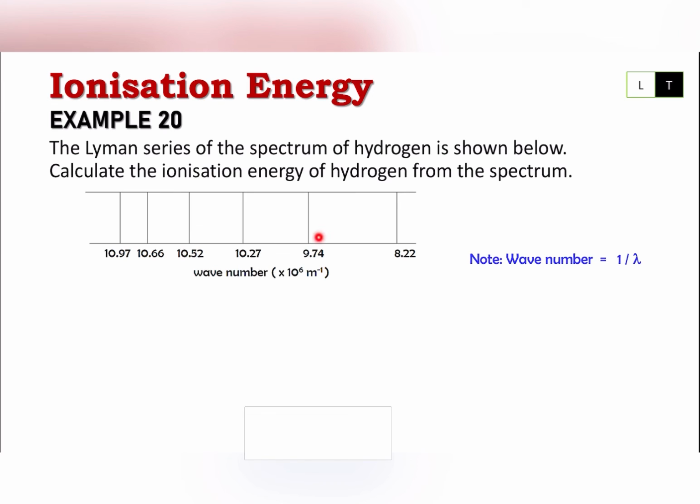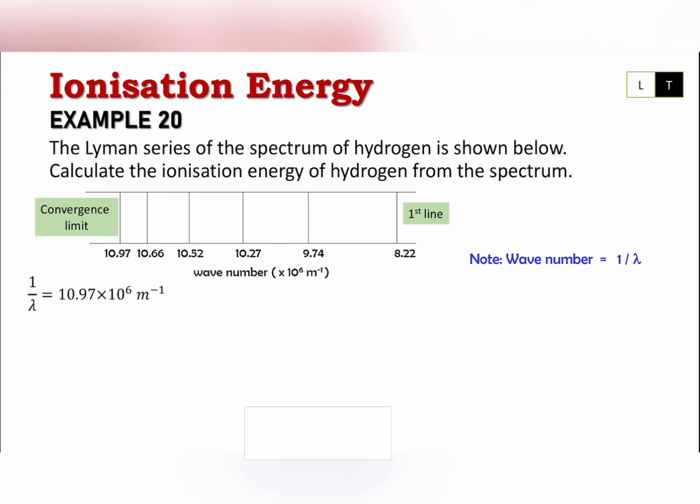The gap is much larger here, so 8.22 is the wave number for our first line. Hence, towards the left will be our convergence limit. So I'm going to choose my wave number, which will be 10.97. This is what I have for my wave number for the convergence limit.